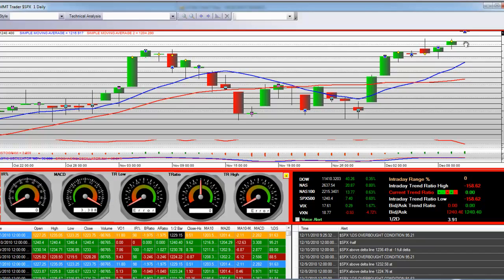So the pullback is support, and you see lots of people wanting to get involved in the move. And everything in this platform will guide you through that versus the monthly one that I showed you.